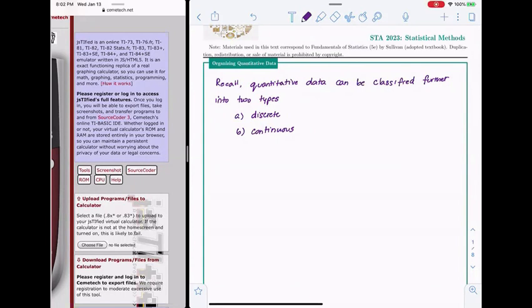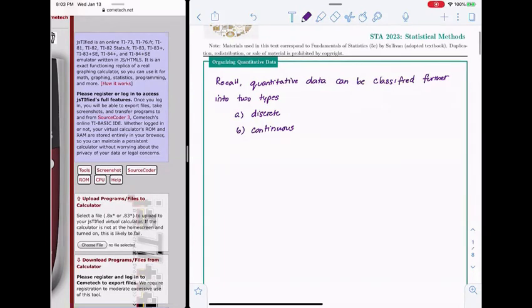So depending on the type of data that we have, the graph will change. We can't use a graph that would work well for continuous data and try to apply it to discrete data.